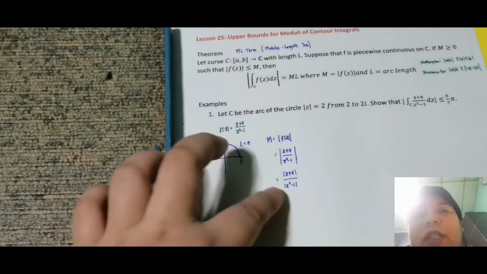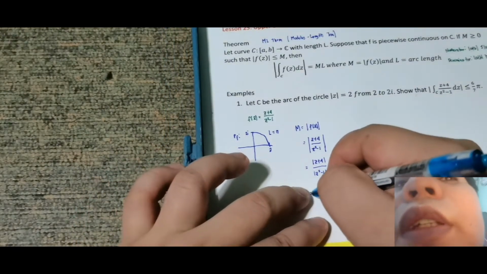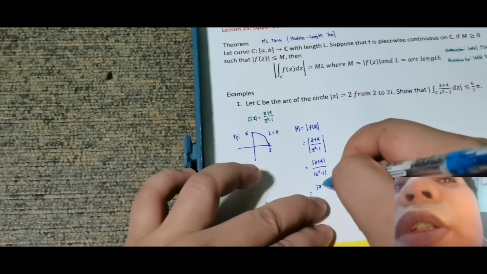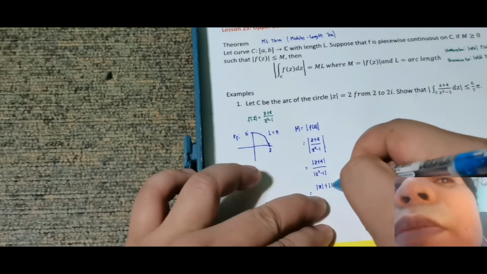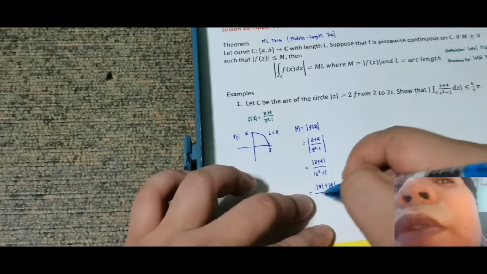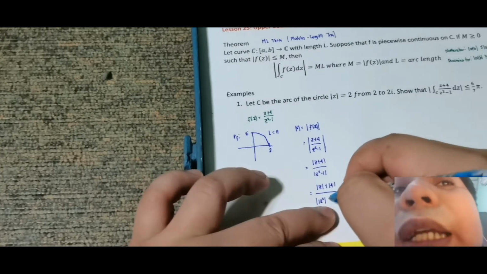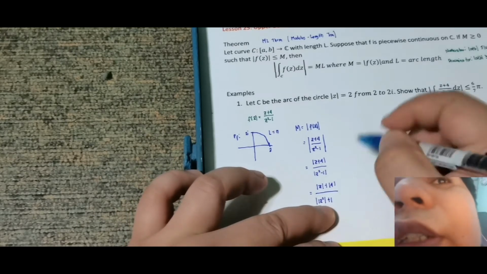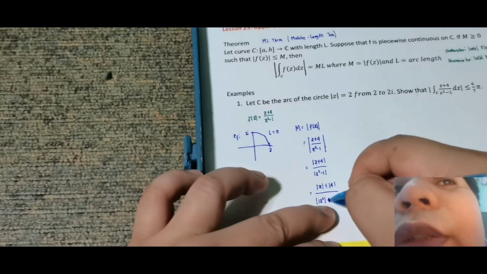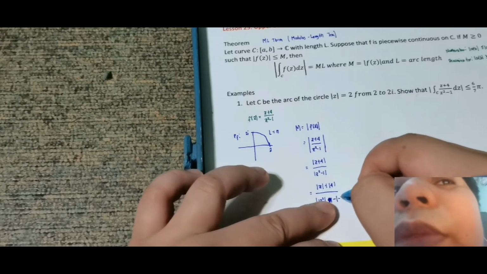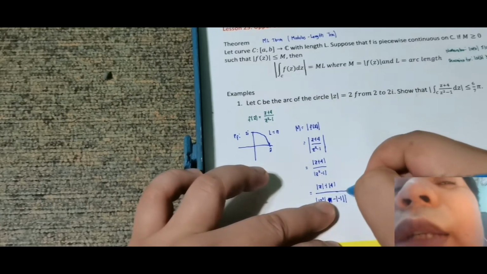So ito mangyari. This is modulus of z sa taas, this is modulus of z plus modulus of 4, all over modulus of z squared minus modulus of negative 1. So again, negative 1 yan kasi a plus b tayo dun.